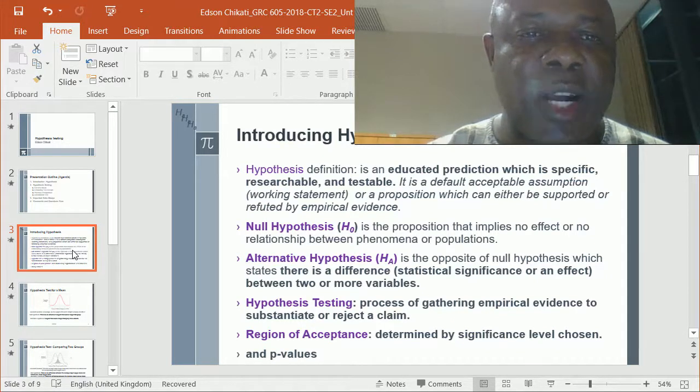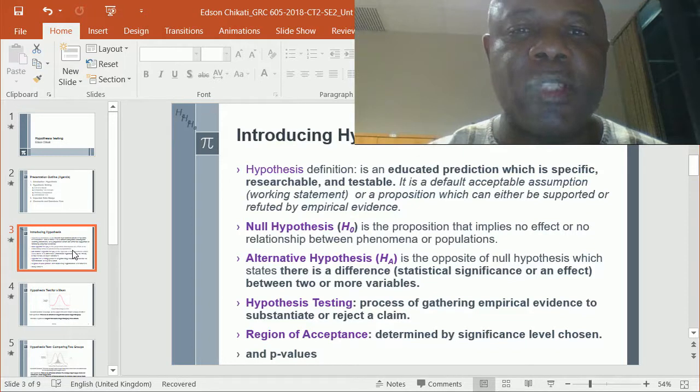I move on to another concept called hypothesis testing. It is a process of gathering empirical evidence to substantiate or reject the working statement. This empirical evidence is important. That's where the scientific approach comes into play.